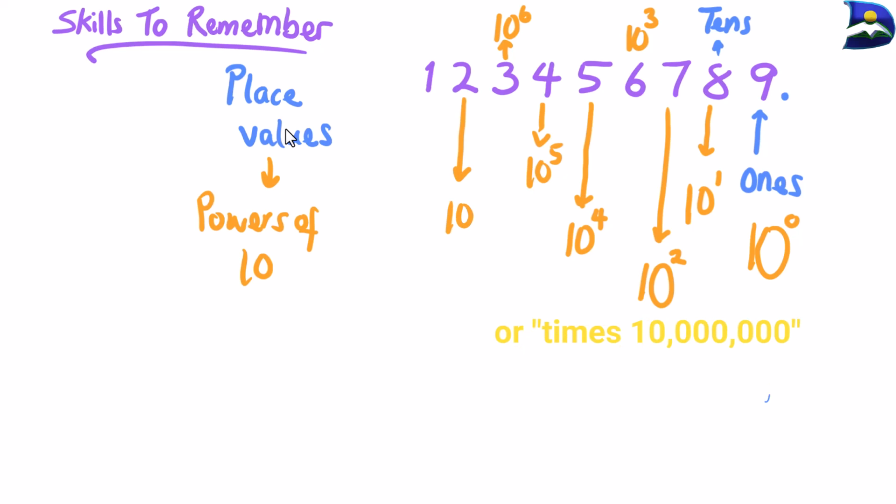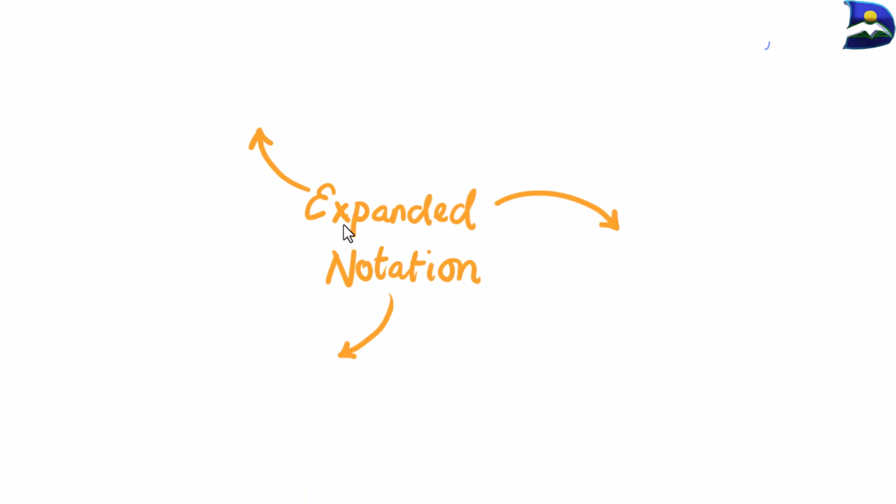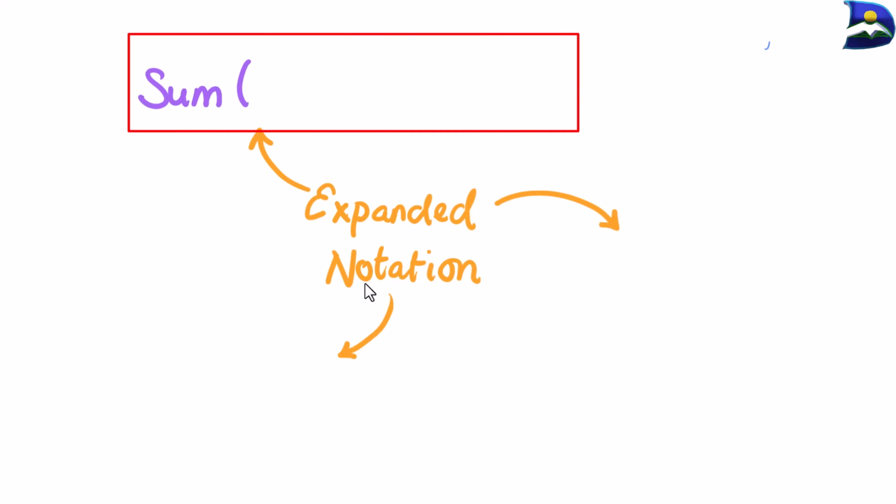And once you're able to realize this, then we can move on to the next step, which is what? How are we going to address expanded form, understanding place values and powers of 10. When addressing expanded notation, we need to remember that given a number and you're asked to determine the expanded notation, this consists of first remembering that we need to represent the sum, which means addition, of the following.